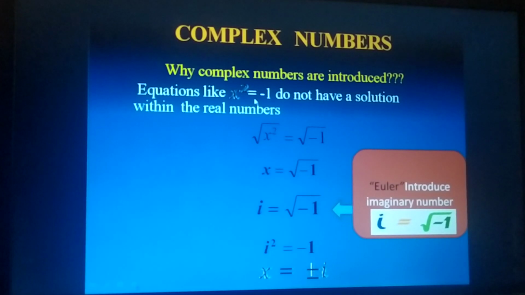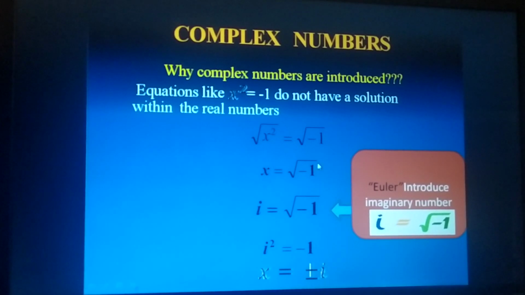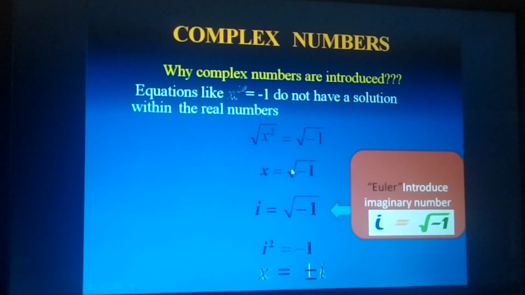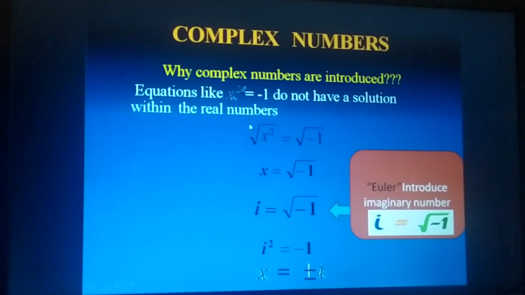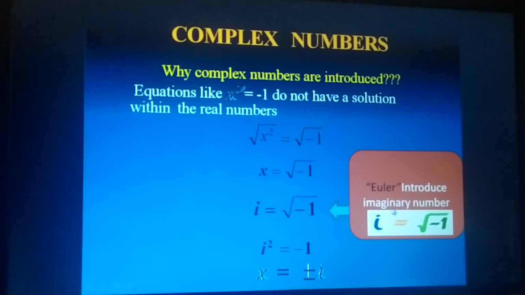x square is equal to minus 1, so we can write x is equal to under root minus 1. Minus 1 is a negative number, and the square root of a negative number does not exist in real numbers. Euler introduced the imaginary number i is equal to under root minus 1.